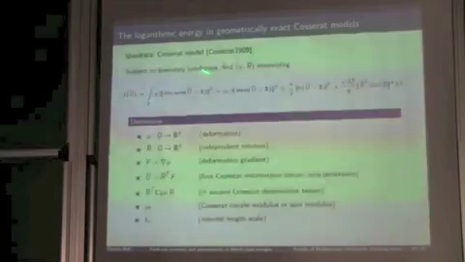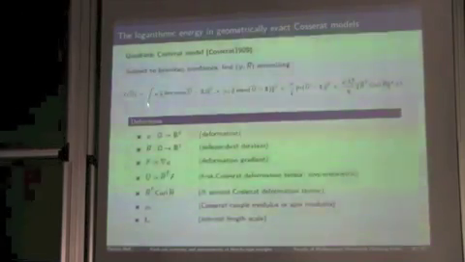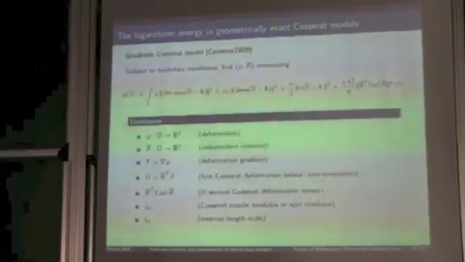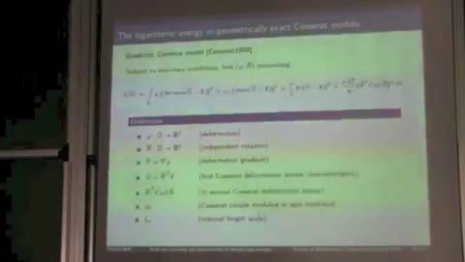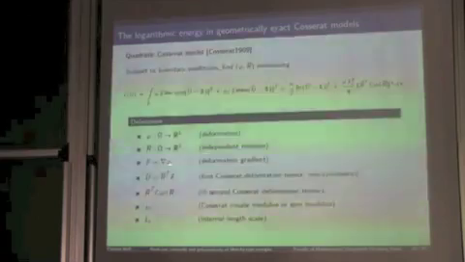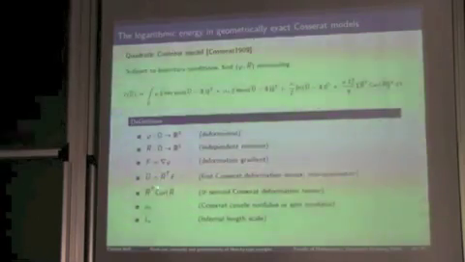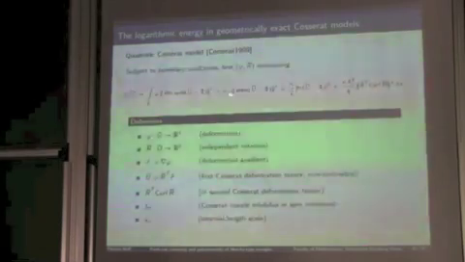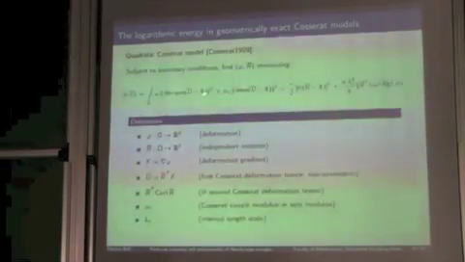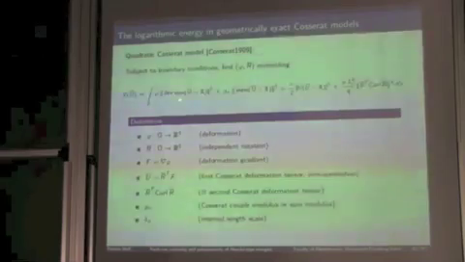So in Kossora elasticity, micropolar elasticity, I'm writing down for convenience a quadratic energy in the first Kossora deformation tensor, which is this U bar. It's the independent rotation transposed times the deformation gradient. A quadratic energy, U bar minus 1 is the strain measure.